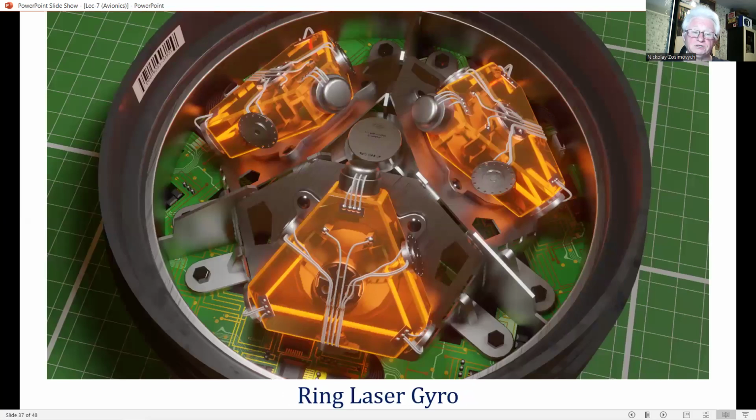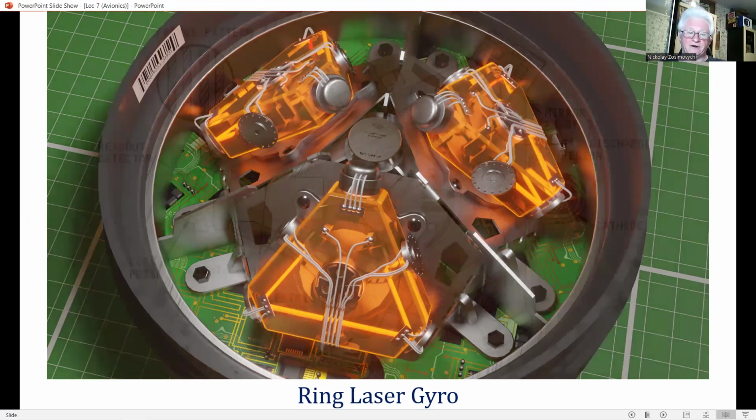Gyros operating on solid state principles and which can be body mounted, sometimes seen as strap-down, have thus been developed because of their intrinsically higher reliability and certainly lower cost of ownership. Optical gyros, such as the ring laser gyro, and more recently the fiber optic gyro, have displaced the spinning rotor gyro.